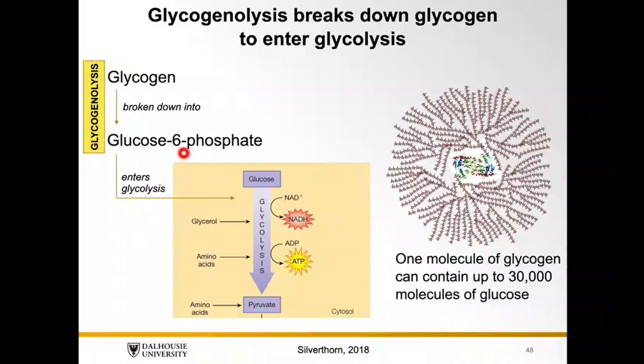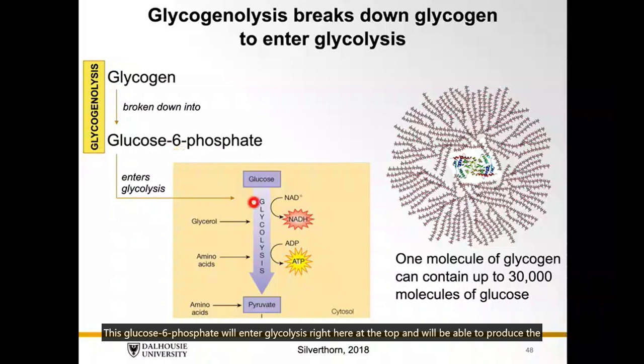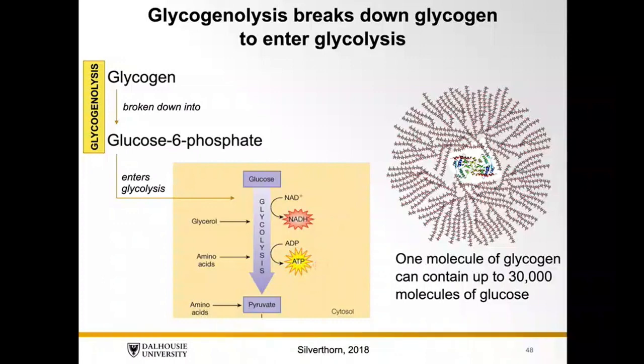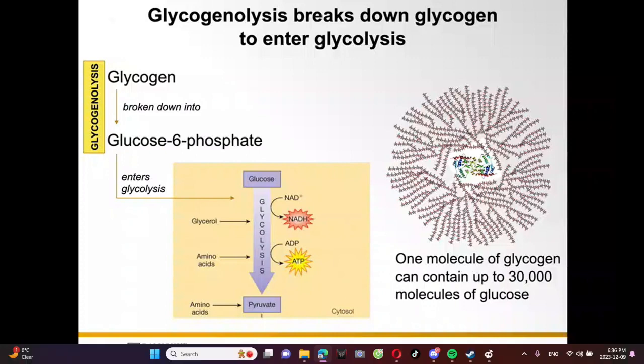But you can think about it as basically having the same function as glucose. This glucose 6-phosphate will enter glycolysis right here at the top, and we'll be able to produce the same NADH and the same ATP that we would have had with the glycolysis that we just described.